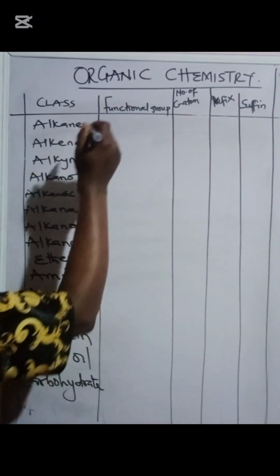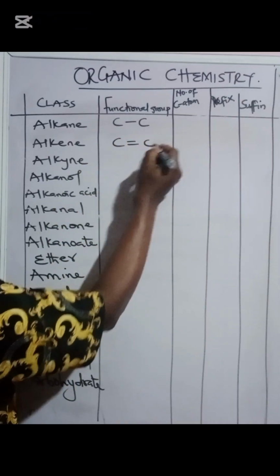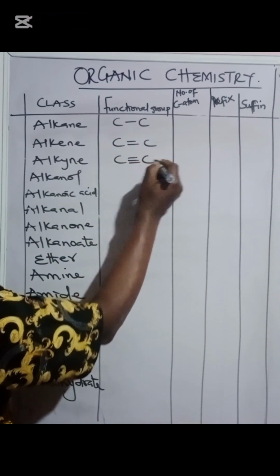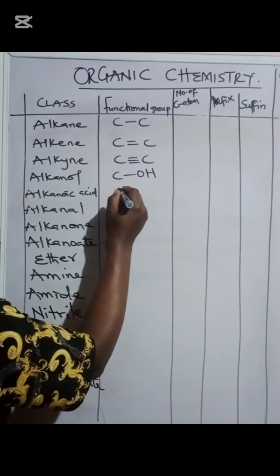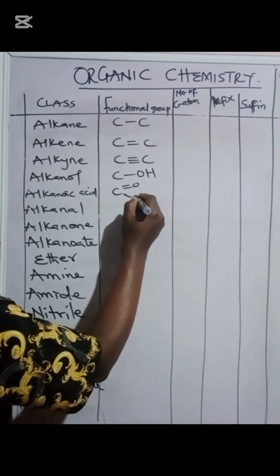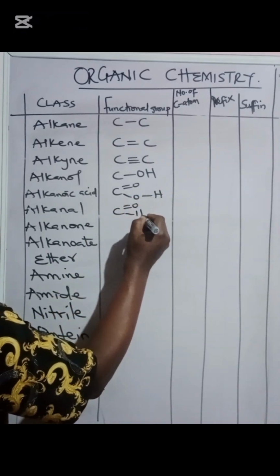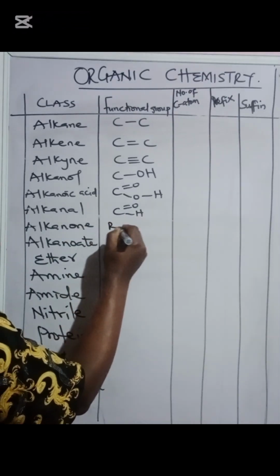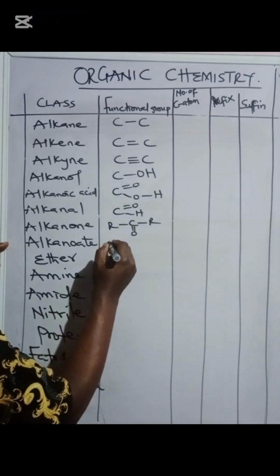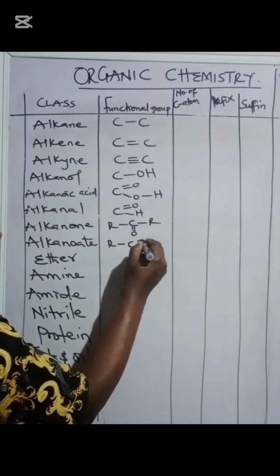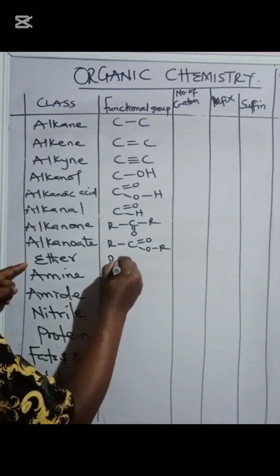So let's see the functional group here. The functional group is C single bond C, C double bond C, C triple bond C, COH. Alkanoic acid, COOH. Alkanal, C double bond O, H. Alkanone, R C double bond O R. Alkanoate, R C double bond O OR. Ether, ROR.